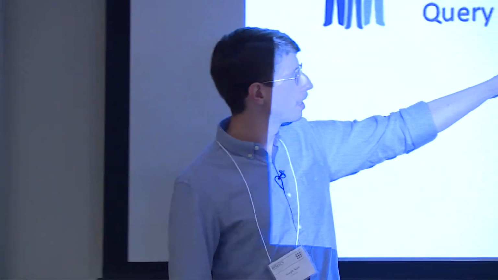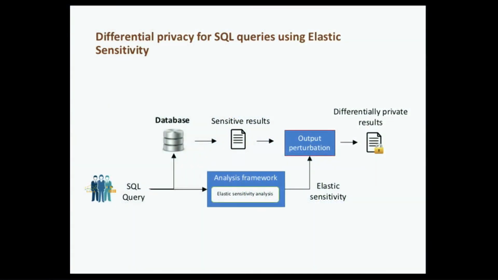The analysis framework needs to know about these multiplicities, which is the thing that I mentioned earlier. And so you can have the analysis framework have an arrow to the database, so that every time you ask a query, the analysis framework can ask the database, what are the multiplicities for these keys that I need to know, all right?